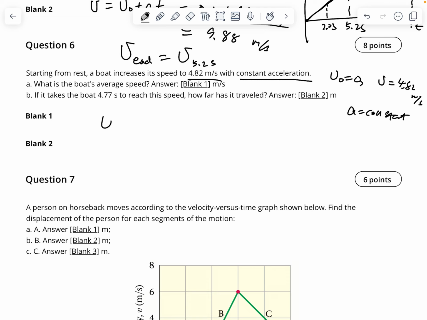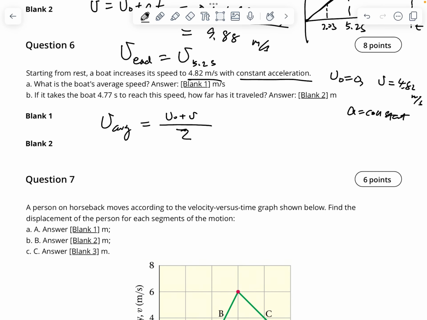All right, for average speed, we have a couple of equations. Average speed equals half of V naught plus V final.